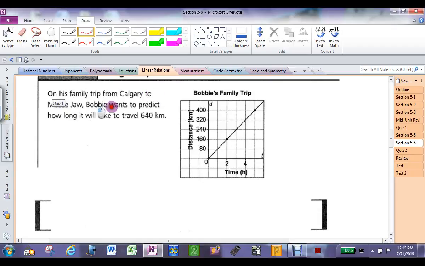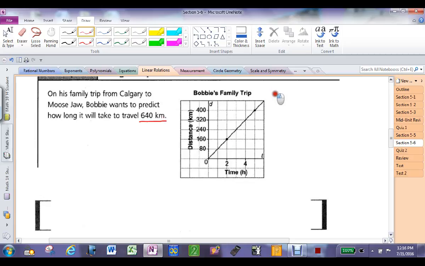On the family trip in Calgary Moose Jaw, Bobby wants to predict how long it will take to go 640 kilometers. How far does this graph allow us to go? Only 400. So is our information going off the graph? Yes, it is. So we cannot use interpolation. We are using this graph to estimate a situation further in the future. How do we do that?